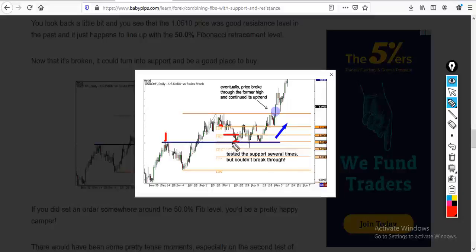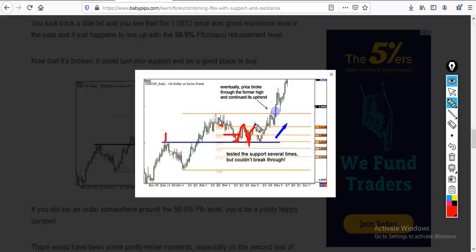This is the 50% level. Price found support, rose back up, came back down to test it again, even tested it deeper, but it was unable to trade lower, and price bounced back up again on this level. You can say, well, good, this level is a strong level, because previous resistance to support and the Fibonacci retracement level is telling me that price is failing to break this 50% level.